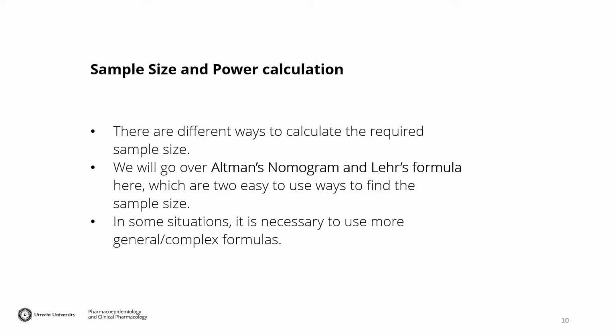In some situations, it is necessary to use more general or complex formulas, but usually you have computers to do that, or you're calculating using computer software. So for example, you could do it with Excel, with Python, or with R. There are also online websites where you can get a good estimate of the sample sizes. So there are some options.